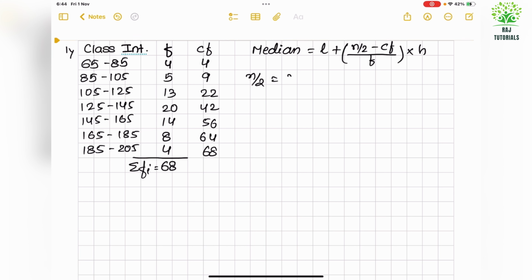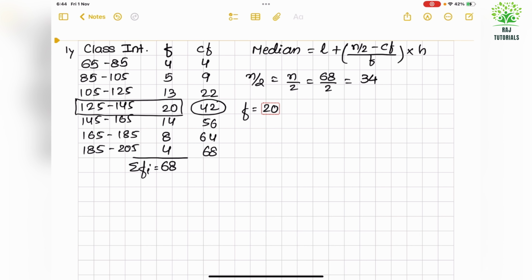N is 68, so 68 upon 2 means 34. So the 34th observation will be coming in this range, that is 42 observations one. So now here F will be 20.